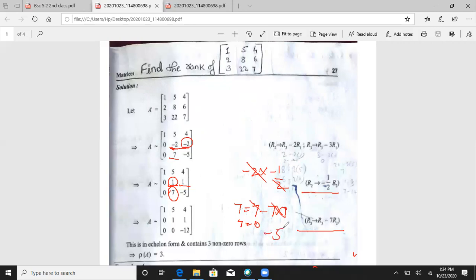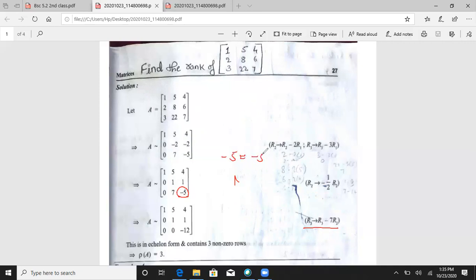Minus 5 equal to minus 5 minus 7 into R2. R2 means that is 1. Okay, then finally here, this one R3 equal to R3 minus 7R2. R3 means that is minus 5. That is minus 5 equal to minus 5 minus 7 into R2. R2 means that is 1. That is minus 5 minus 7.